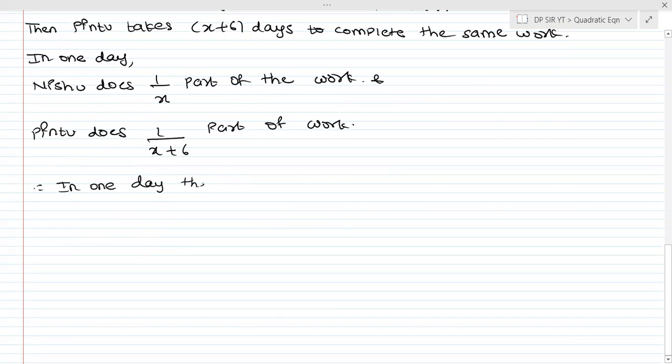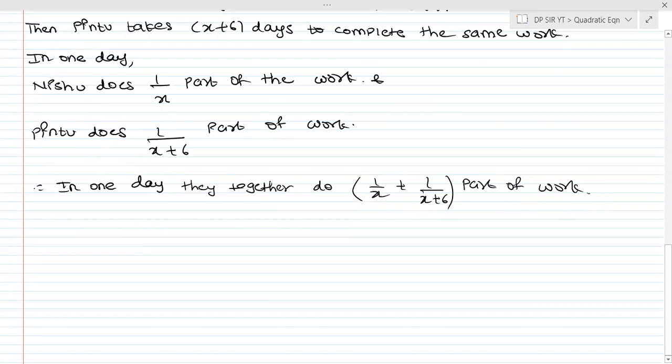In one day, they together do इतना काम. Now here we are talking in terms of both the work. They together doing the work. Okay. So now solve this part.